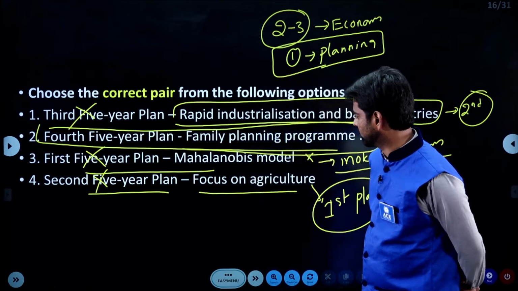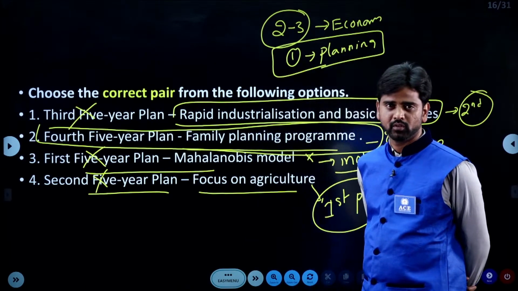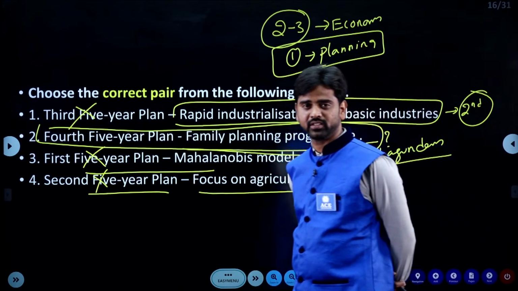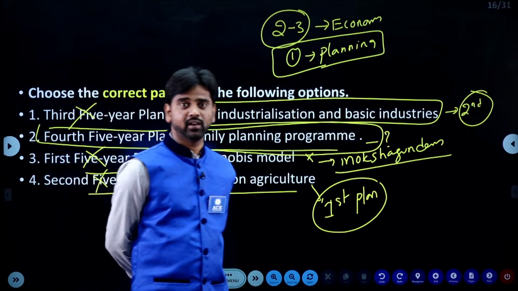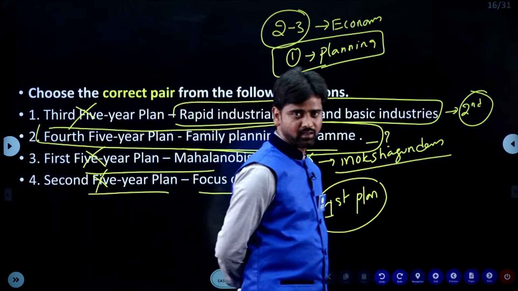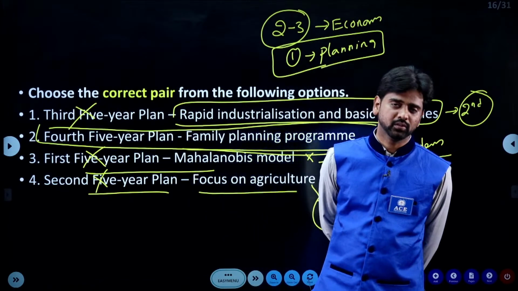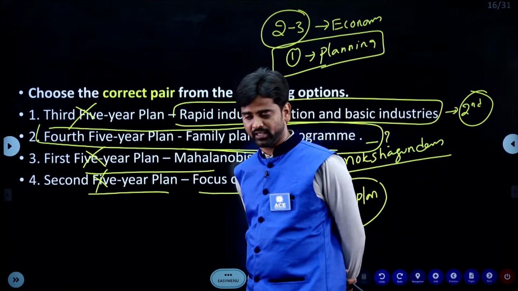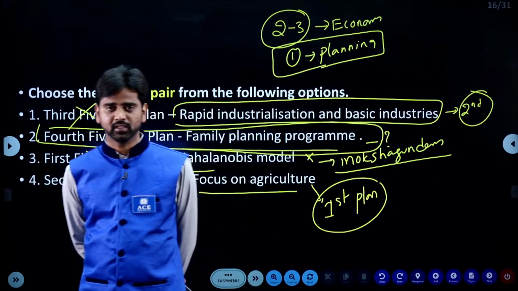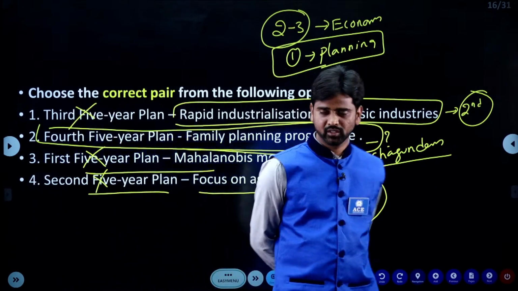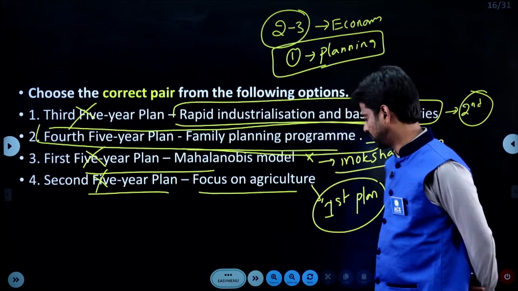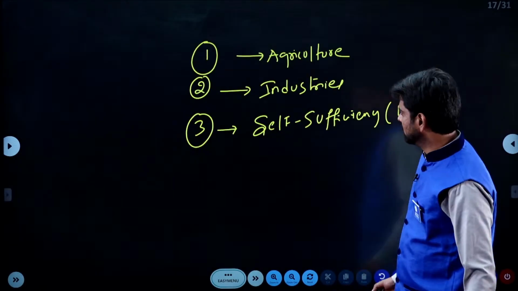It has been given as a family planning program. 1952 is the first family planning program in India. 1976 is the national population policy, and 2000 is the second national population policy introduced in India. Don't worry, guys, it's a very easy question. If you know the planning, it's very easy.